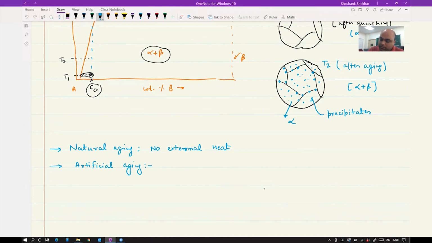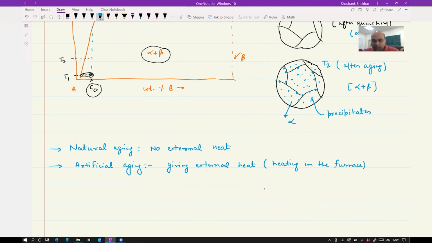So, giving external heat, that means, say, heating in the furnace. Okay. So this is how we do aging treatment.